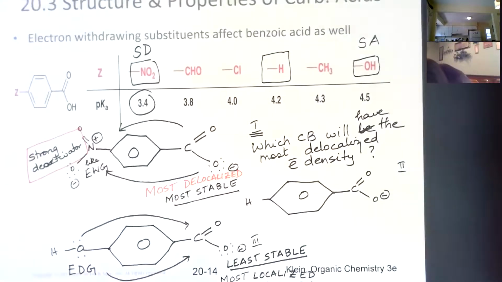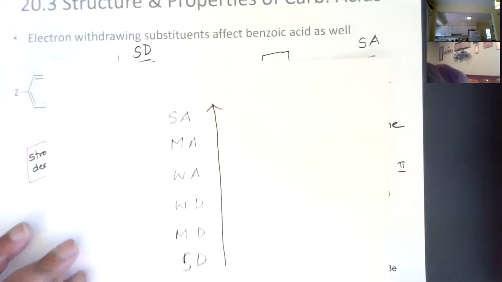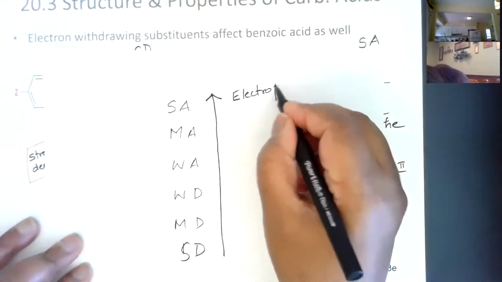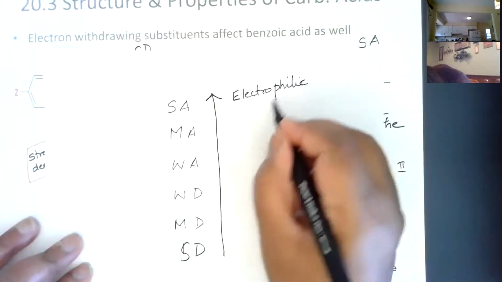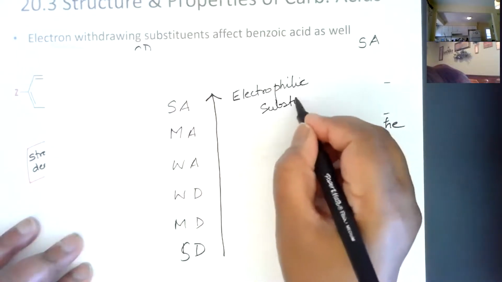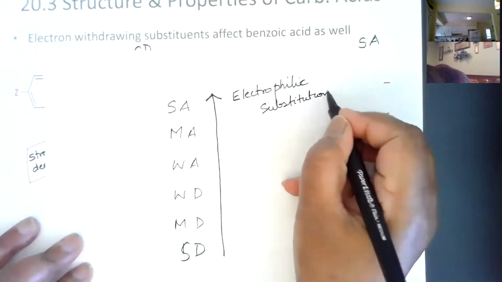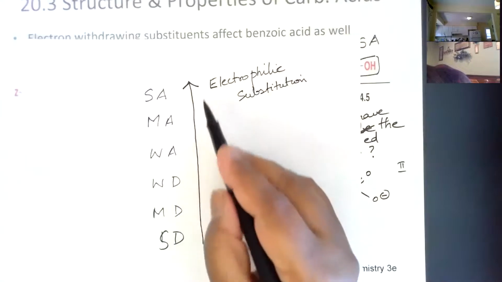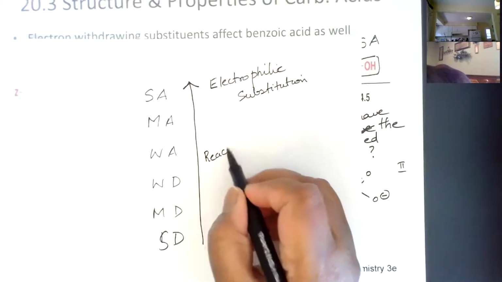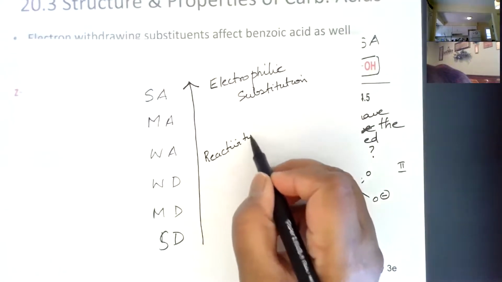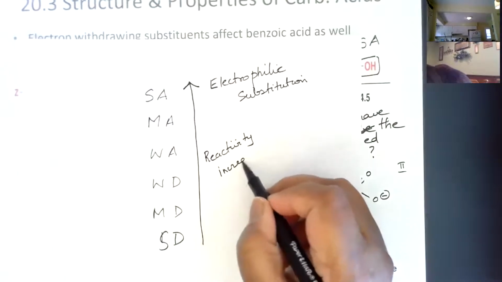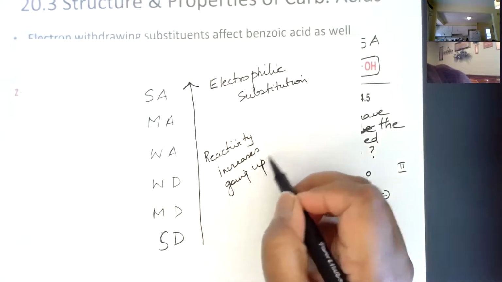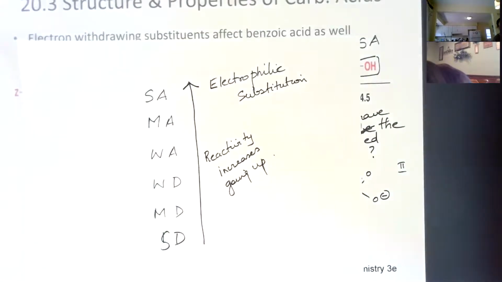For electrophilic substitution, reactivity increases upward. Going up, all right?